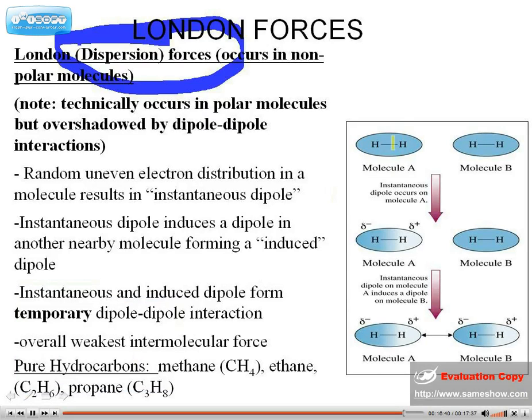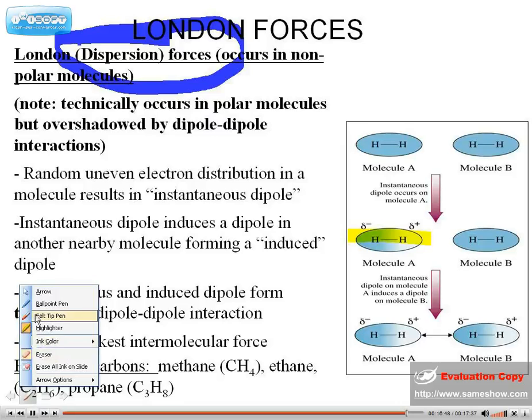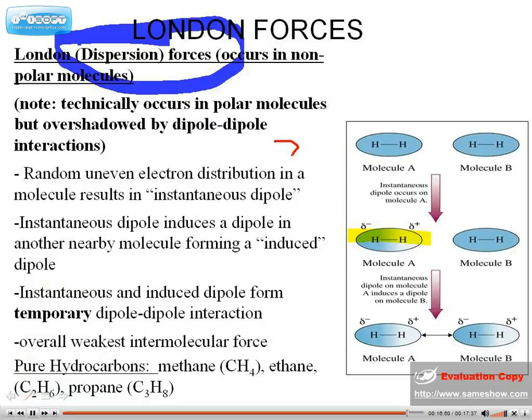We start off with two molecules, and one molecule, all of a sudden, as I highlight it here, is going to have energy from the nearby environment. And it's basically going to cause electrons to rock one side or the other. Consequently, it generates a temporary dipole, and I draw the dipole symbol here.